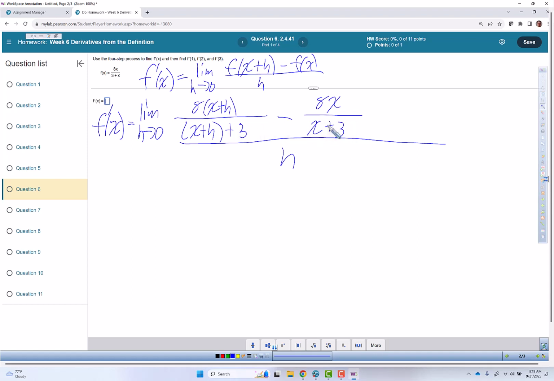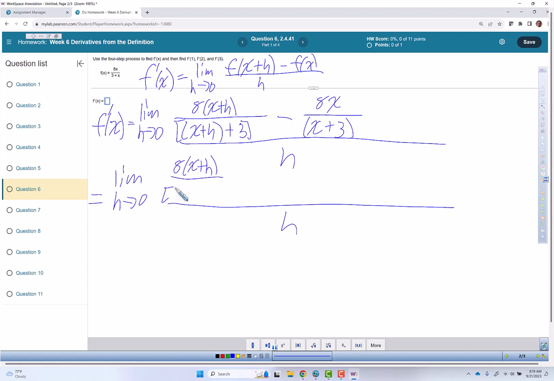So I need to subtract two fractions here, so I'm going to need a common denominator. I'm going to put some extra grouping symbols in here. So I'm going to rewrite this as the limit as h approaches 0, and everything's going to be over h. So 8 times x plus h over bracket x plus h plus 3.